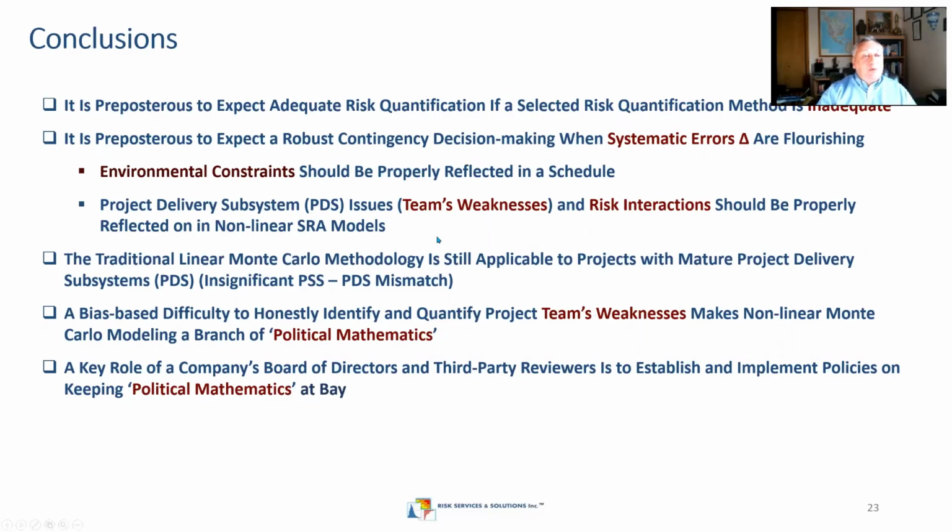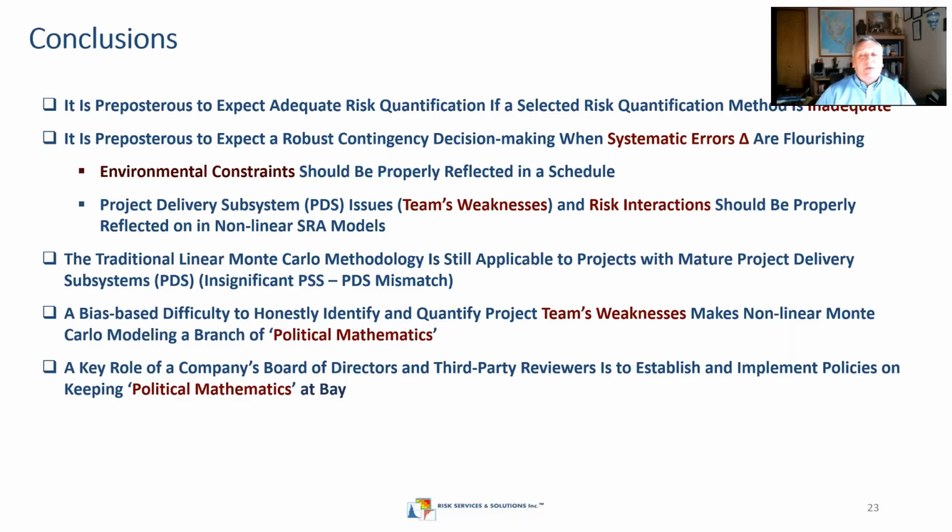So we need to take into account constraints and team weaknesses and interactions of risks. By the way, the linear Monte-Carlo models still can be used, but you need to be sure that your project is quite mature.